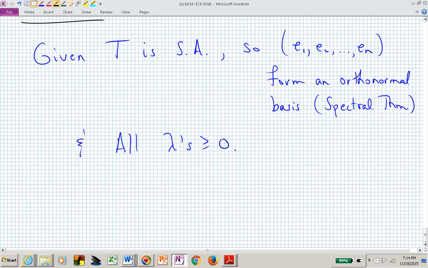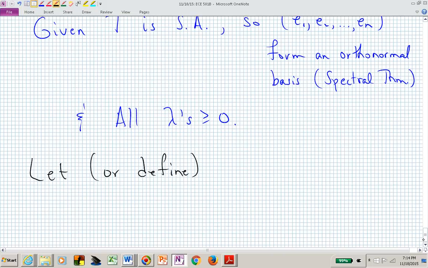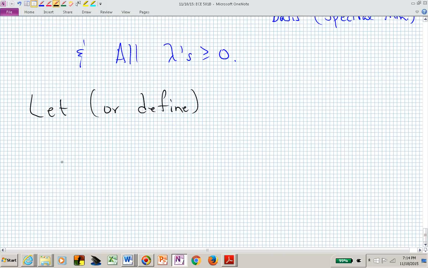So now that we have that, let's define a new operator. Let's create an operator S from this condition.